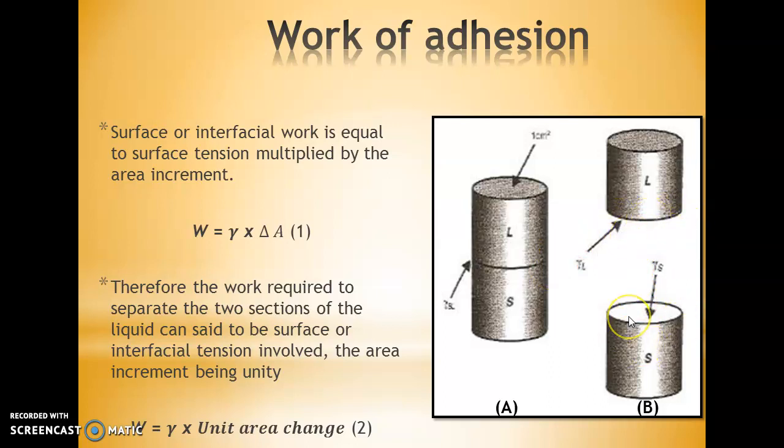Therefore there is a unit area change only, whereas there will be generation of two interfacial tension values, or two surface tension values. That is, in this part of the cylinder it will be gamma L, and in this part of the cylinder it will be gamma S. So the work done here corresponds to gamma into unit area change.